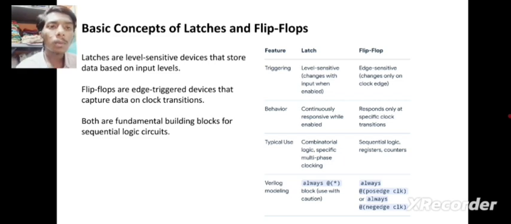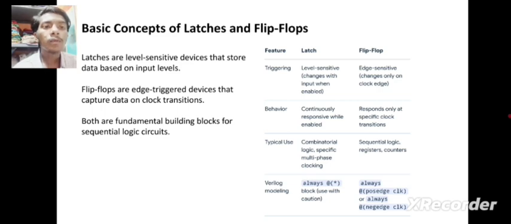So here is a summary of the features of the latch and the flip-flop. If you take the triggering, in the latch it is level sensitive and changes with input when enabled, whereas in the flip-flop it is edge sensitive and changes only on the clock edge.